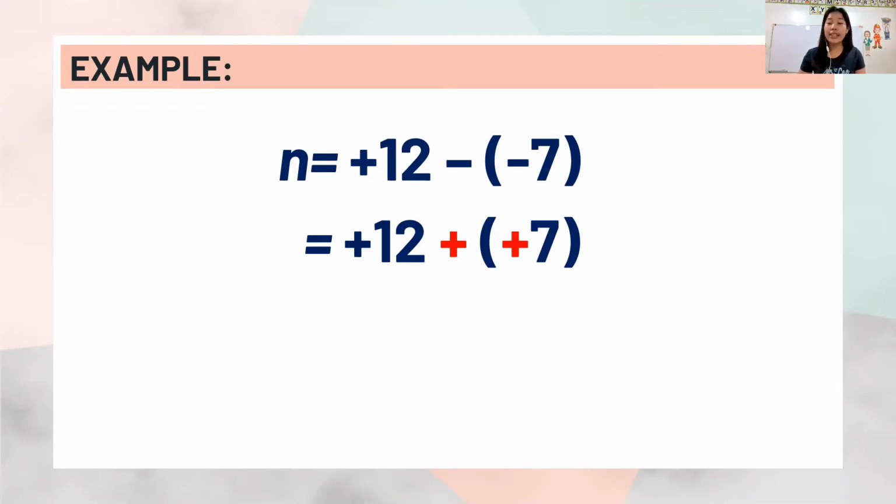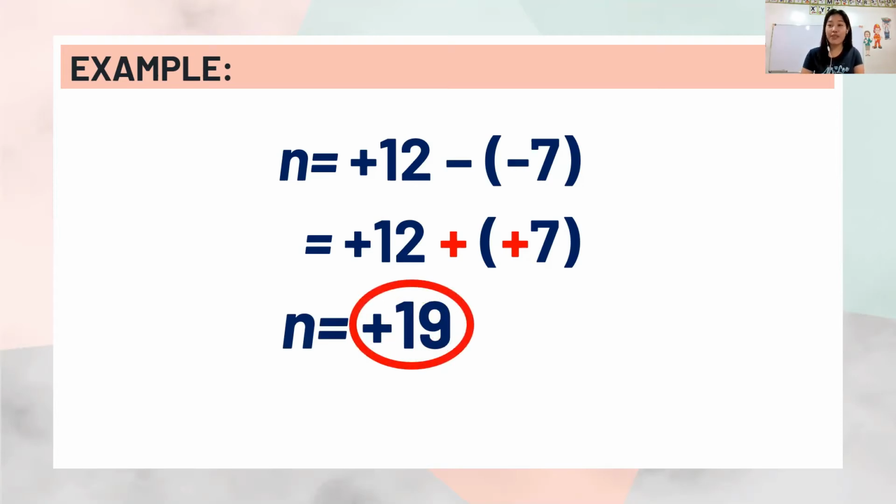In this example, the sign of the number after the operation is negative. So that becomes positive. So positive 12 plus positive 7 is positive 19, because those addends have the same signs. Both are positive. So positive plus positive is equal to positive, and 12 plus 7 is equal to 19. So positive 12 plus the quantity of positive 7 is positive 19.